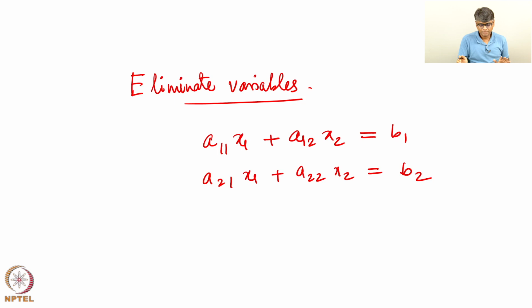For example, you multiply this by a22, you multiply that by a12, and then subtract. If you do that, then x2 goes away. That is the elimination of x2, and you have an equation in terms of only x1.